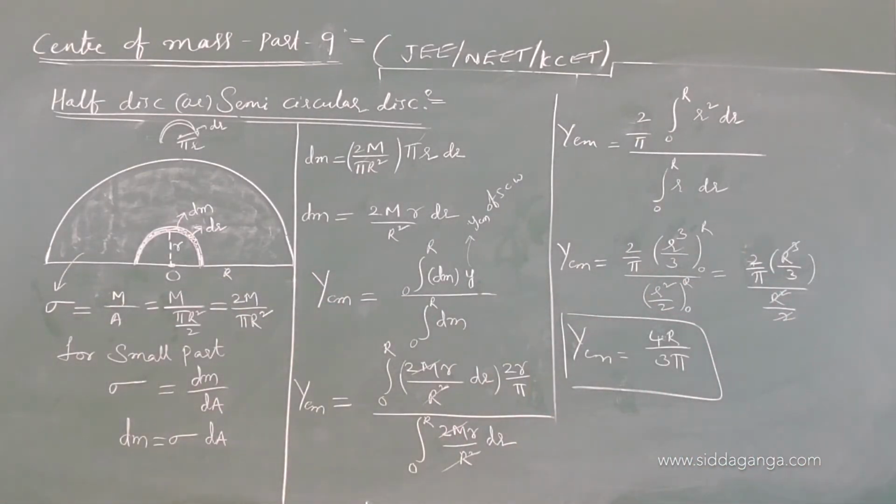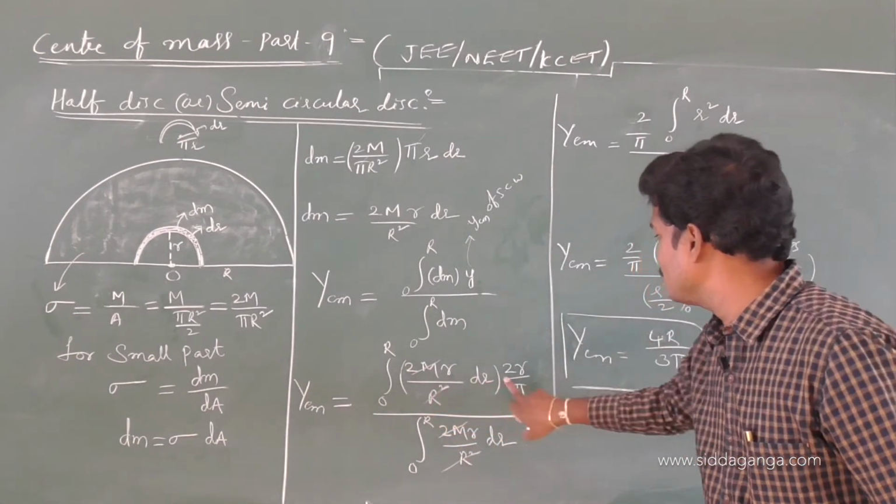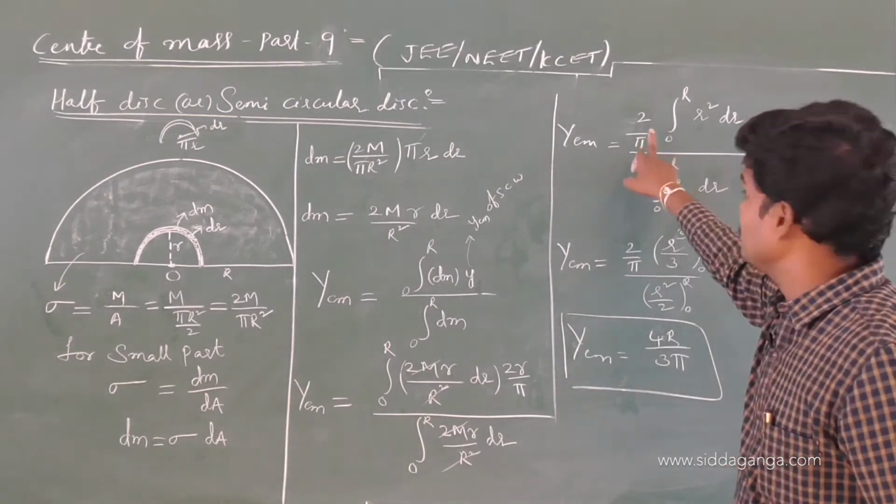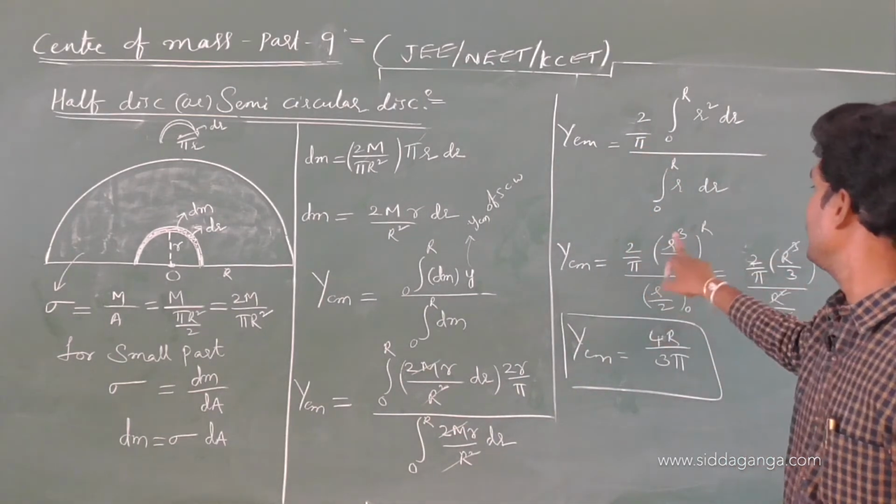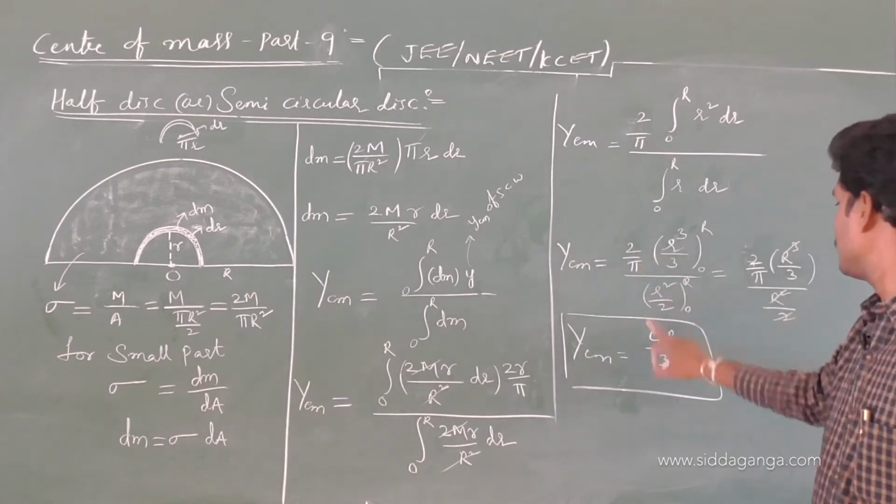Here I cancelled 2, again I wrote 2, and here I wrote 4 earlier. Now that is only 2. So 2 by pi, r cube by 3, this 2 comes to the top: 4r by 3 pi.